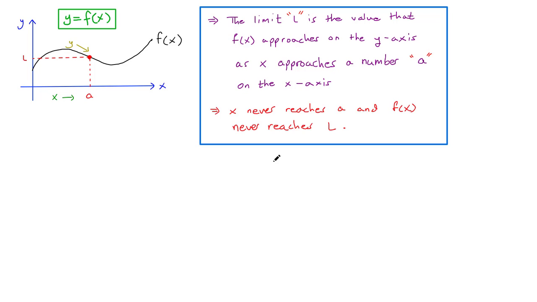So keep that in mind, because a lot of students tend to think that f of x has to be equal to the value L when x is equal to a. And you'll see that as we go forward, there are certain functions, specifically piecewise functions, that will show us that when x is equal to a, f of x doesn't necessarily need to be equal to this limit value L.